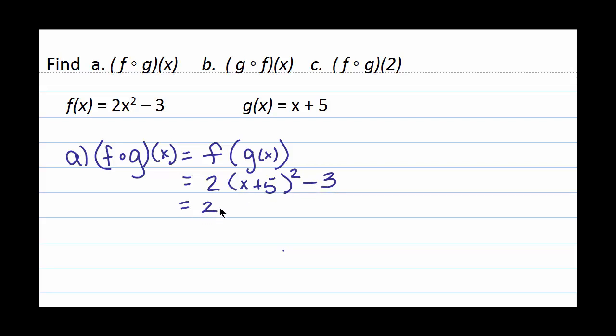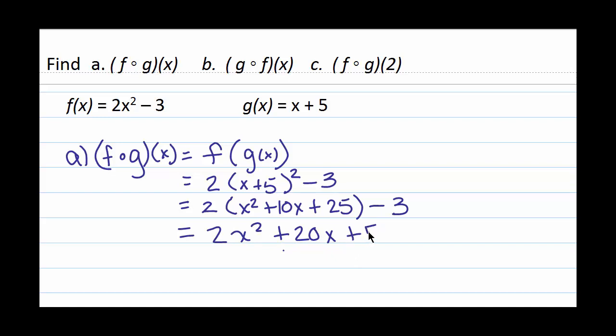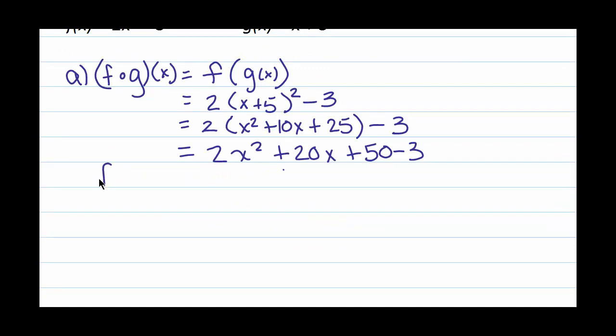So now simplify. x squared plus 10x plus 25, then minus 3. 2x squared plus 20x plus 50 minus 3. So f of g of x is equal to 2x squared plus 20x plus 47.